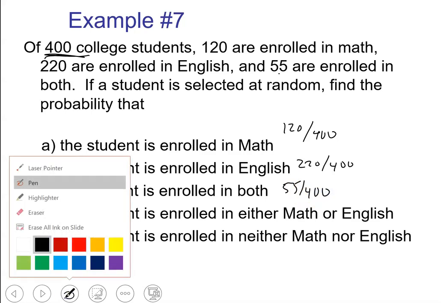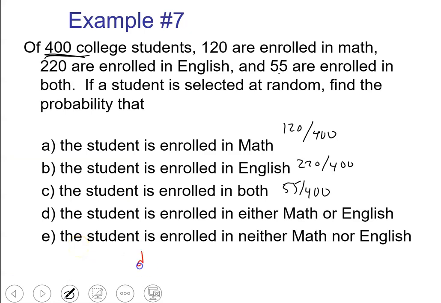Okay, so now let's talk about D. The student is enrolled in either math or English. Well, how do we calculate this? So hopefully you're thinking, yeah, I know the probability of how many are in math, and I also know the probability of how many are in English. But some of those overlap. Sorry, my stylus is writing a little awkwardly there. So we have to subtract the probability that they're in both.